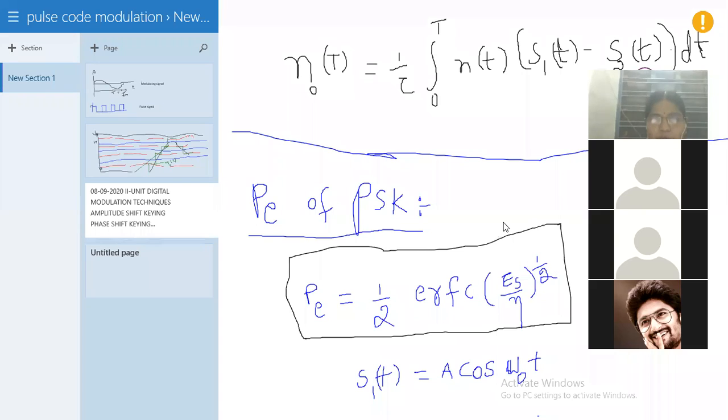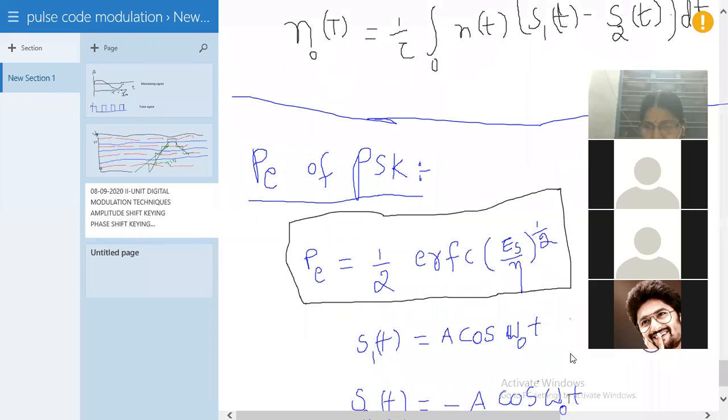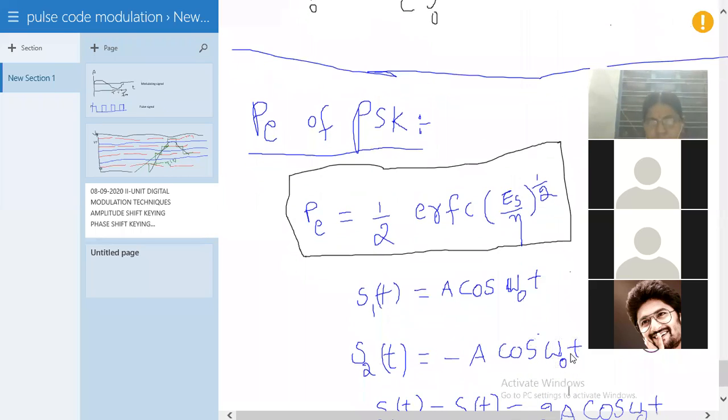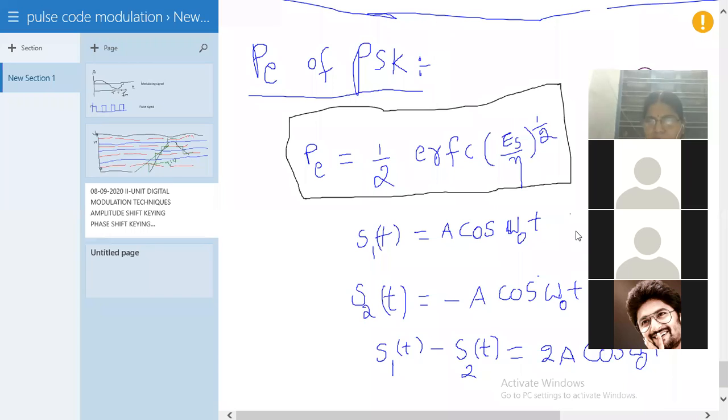So now, how do we calculate the probability of error of phase shift keying? Please listen, these are very, very important. So let us assume a PSK signal. First you have to write the equation for the PSK signal. What is S1 of t for binary phase shift keying when logic one is present? The equation is A into cos omega naught t.